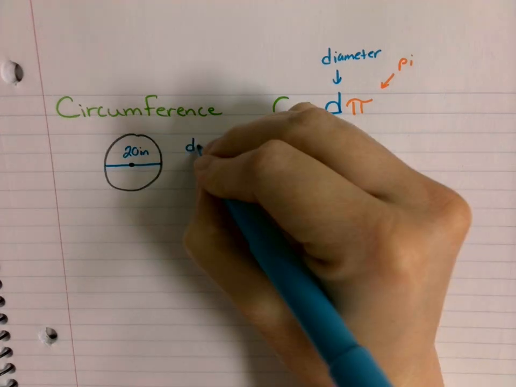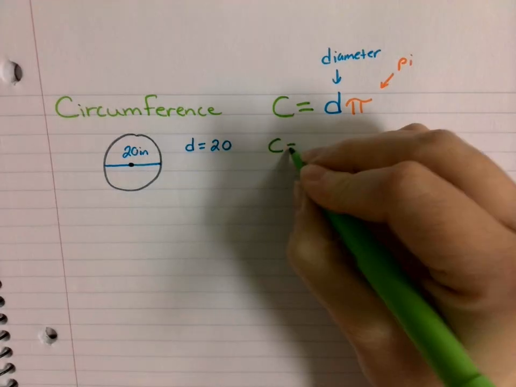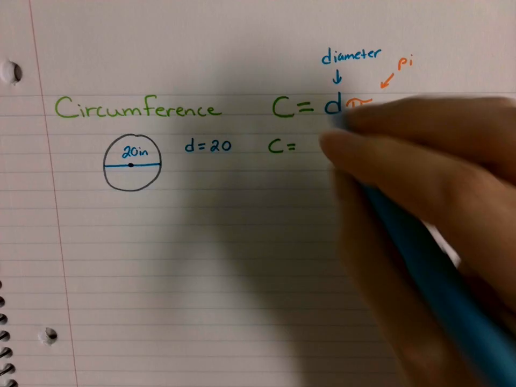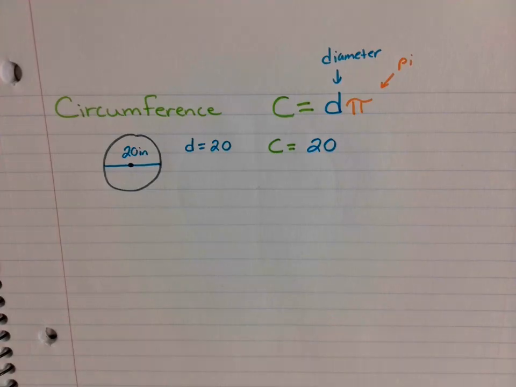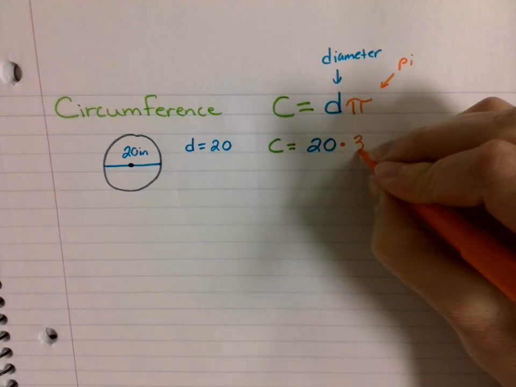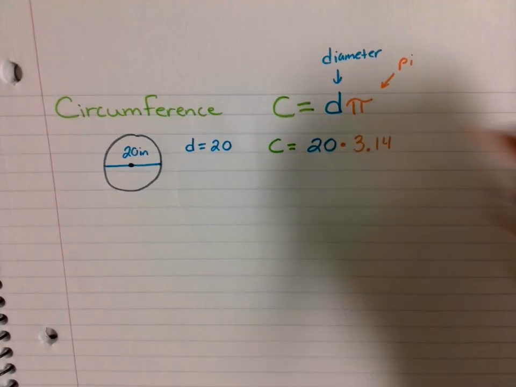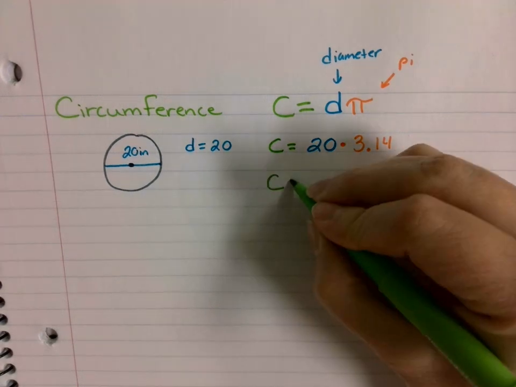In order for me to find the circumference, all I would have to do is replace the diameter, D, with 20, and then multiply that by 3.14. So what's 3.14 times 20 going to give us? 62.8.